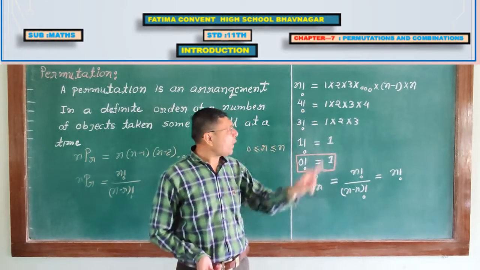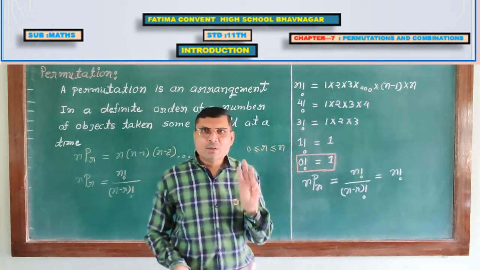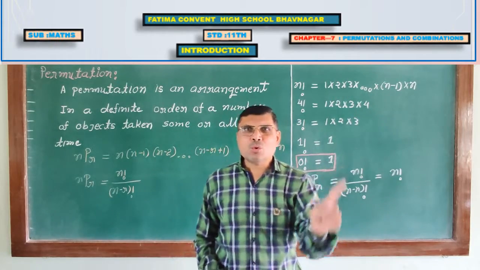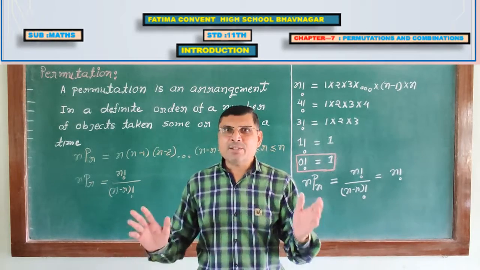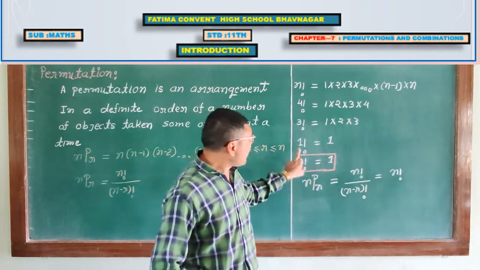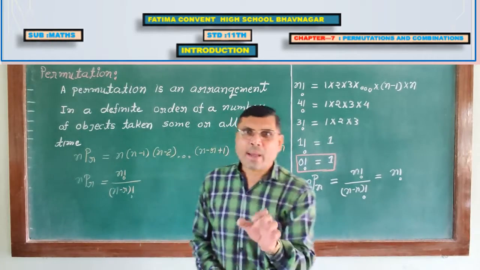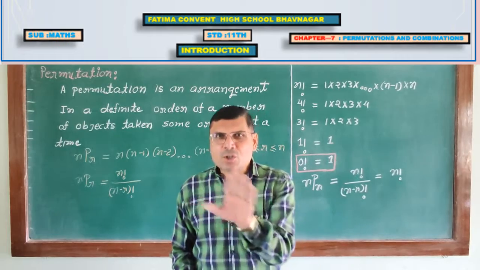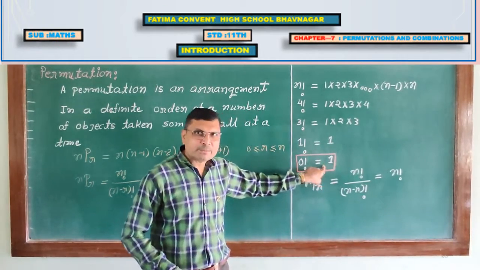The meaning of 4 factorial is 1 into 2 into 3 into 4. 3 factorial is 1 into 2 into 3. 1 factorial is 1. And surprisingly, 0 factorial is defined as 1. You have to accept that 0 factorial is not 0, but 0 factorial is defined as 1.